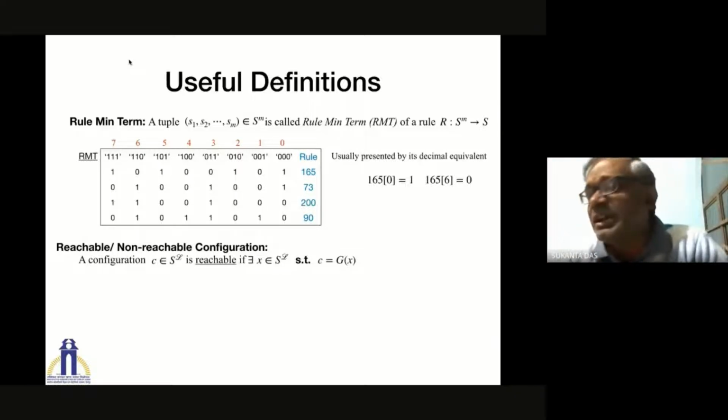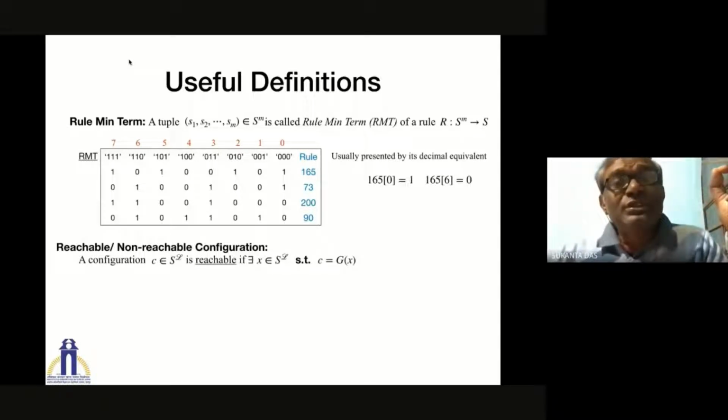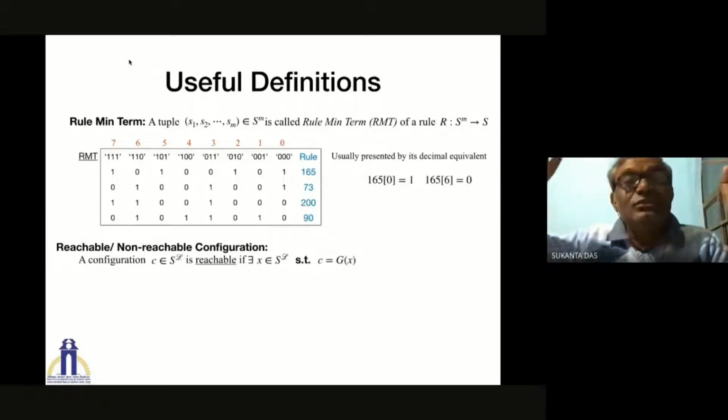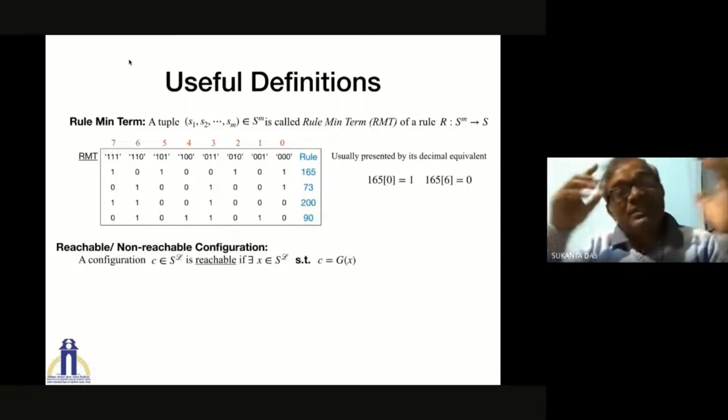You may recall that while we were discussing the classical cellular automata, we discussed Garden of Eden configurations, right? Also, we discussed Garden of Eden theorems. Garden of Eden configurations are the configurations of an infinite, classical CA which have no predecessor. Here, the same meaning.